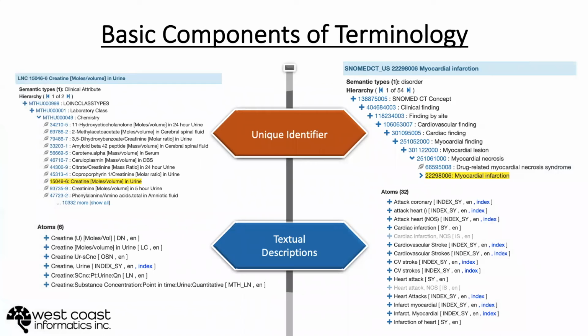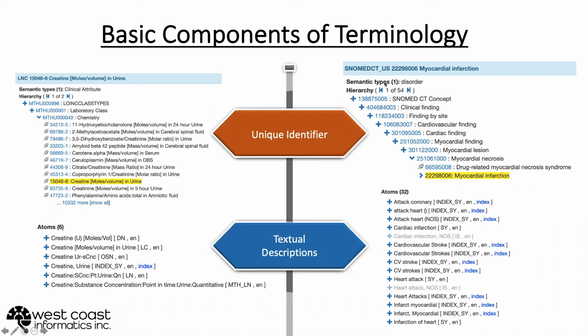So let's talk about a few of the basic components of a terminology. These are not an exhaustive list. There's only 2 of them, but these are some of the basic components that all terminologies would have. So one of them being a unique identifier. On the left-hand side, we have a LOINC concept, the creatinine moles per volume in urine, and it has a unique identifier.